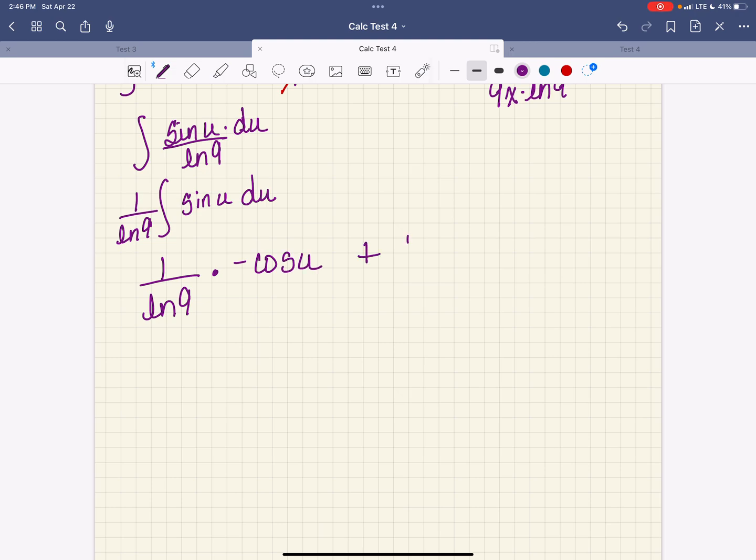Then we're going to have our plus c. So this is going to be negative cosine of 9 to the x over natural log of 9 plus c. And that is our final answer right here.